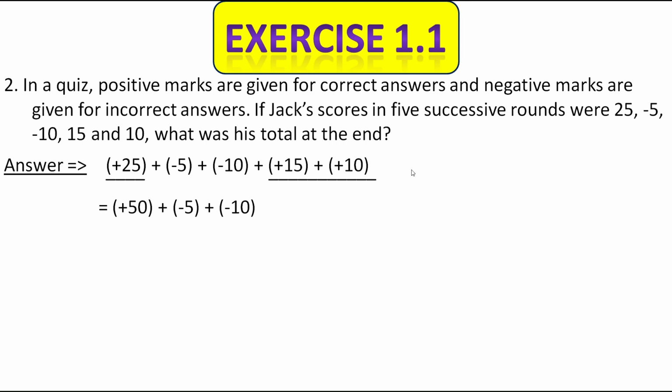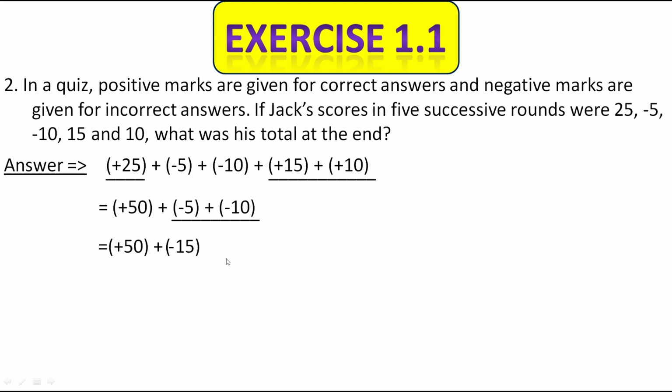And I kept these two numbers as they are. Now I'll make a group of these two numbers as both of them have the same sign, so we have to add them. So we got minus 15, because the bigger number, which is 10, has a minus sign, so I gave a minus sign to the answer.